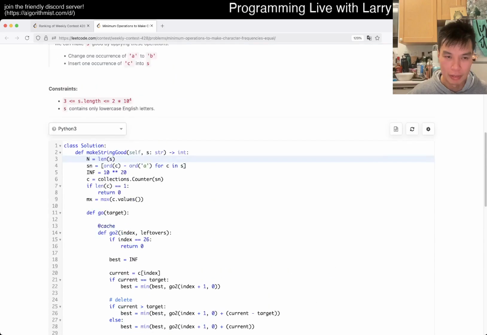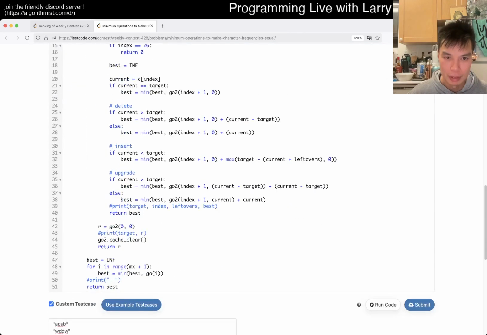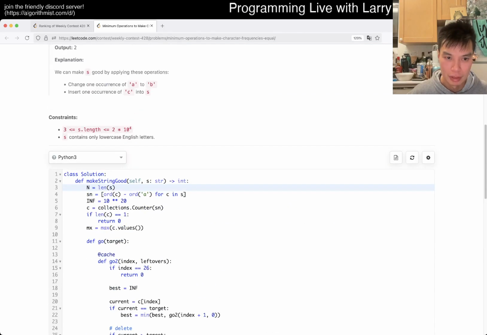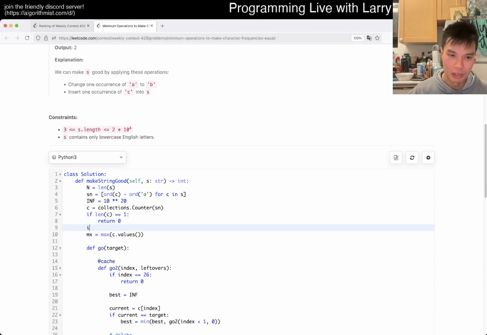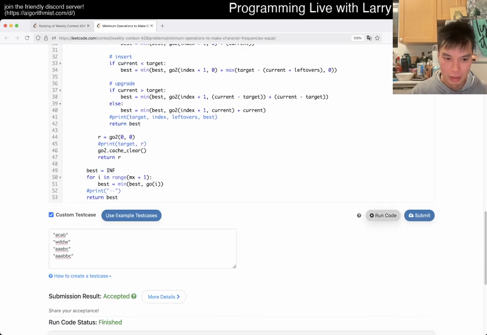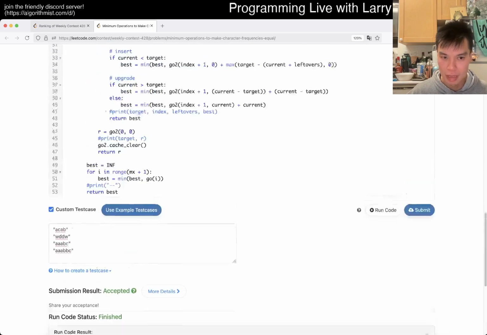And also, yeah, if it's already done, then also return 0, right? Yeah, so let's give that a submit.